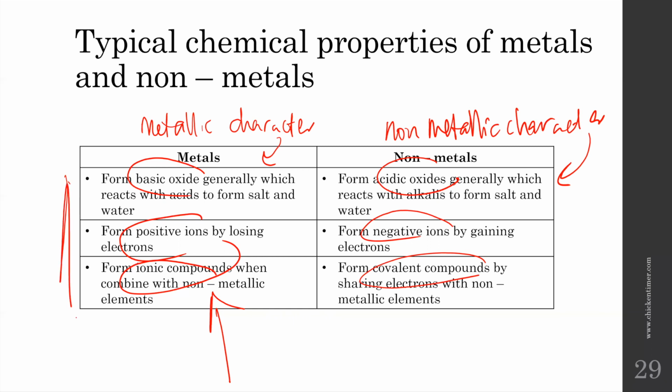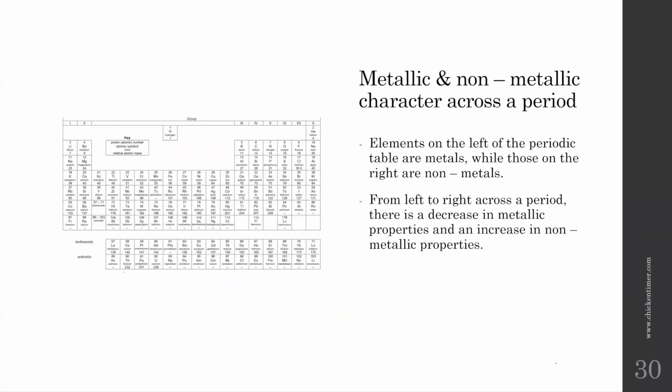If it says element Y has a non-metallic character, that means it does these three things. So across the period, you will have non-metallic and metallic character. On this side is more metallic character, and this side is more non-metallic character, because one side is metal and one side is non-metal. So from left to right, there is a decrease in metallic properties.